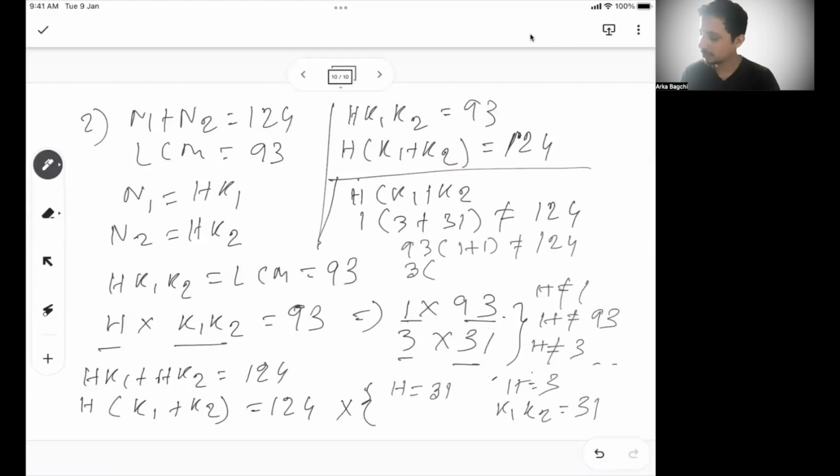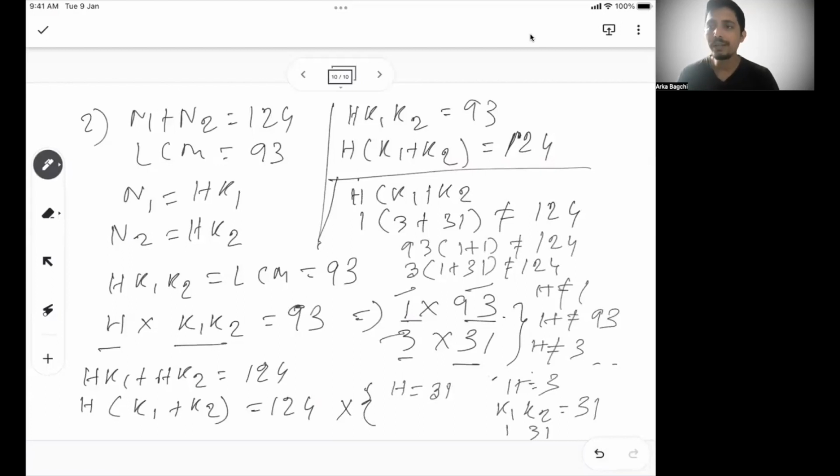If K1, K2 has to be equal to 31, one of them is 1, the other has to be 31. Now in that case, this will become 3 into 1 plus 31, or 32 into 3, that is also not equal to 124. So H cannot be 1, H cannot be 93, H cannot be 3.